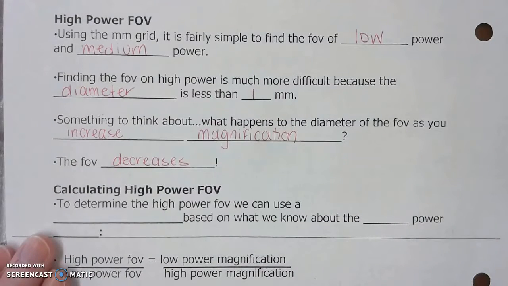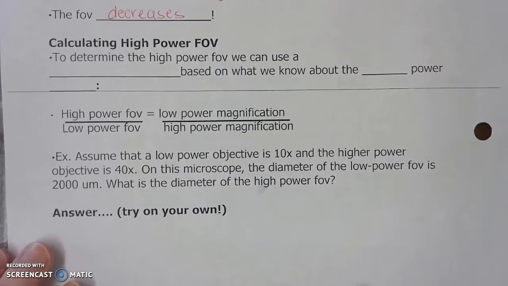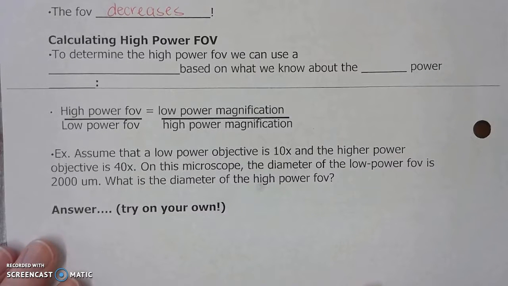You increase the magnification, so it makes the specimen appear larger, but you see less. The good news is that even though we can't use the grid to measure the field of view on high power, there is a formula, a proportion we can use to accomplish that. To determine the high power field of view, we can use a proportion based on what we know about the low power field of view.